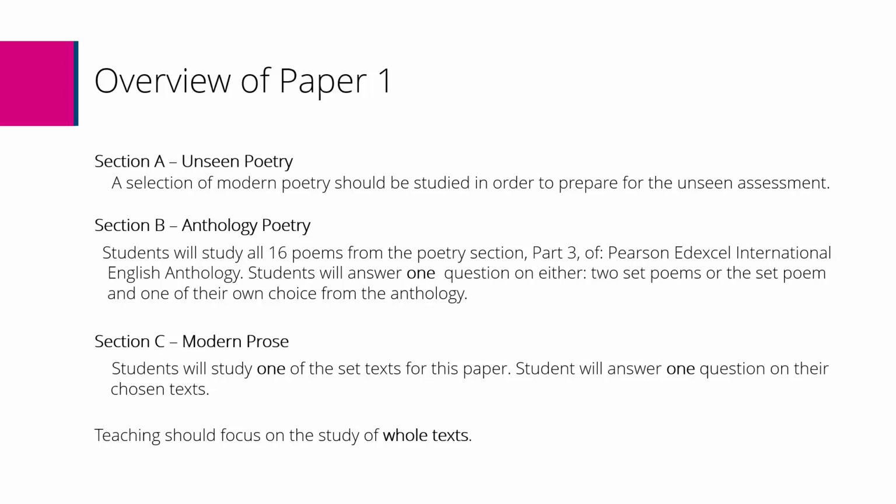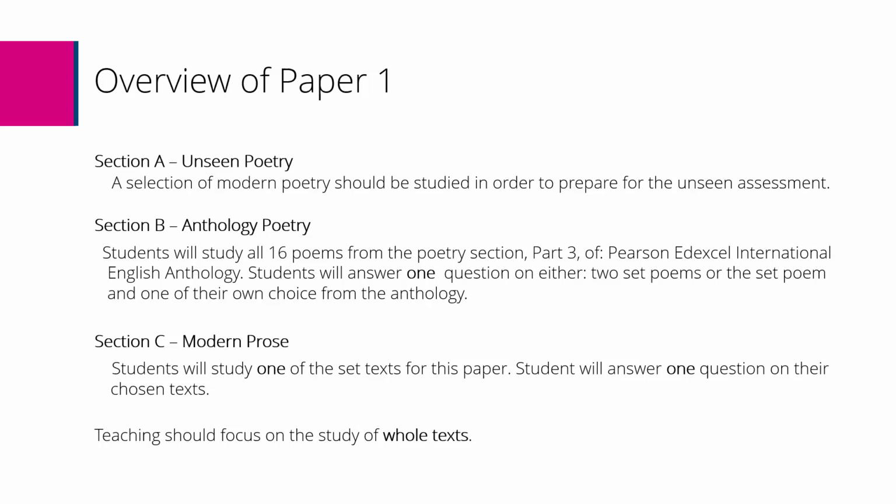A selection of modern poetry should be studied in order to prepare for the unseen assessment. And of course, the first time students see the anthology poems, they're unseen. There are plenty of materials around that will support you in looking at different poems for the unseen. We'll talk a bit more about that later.